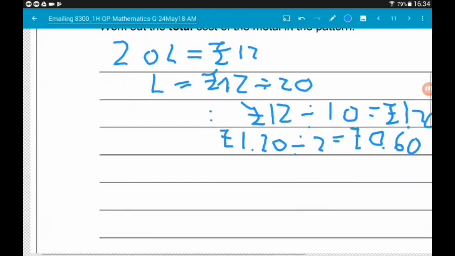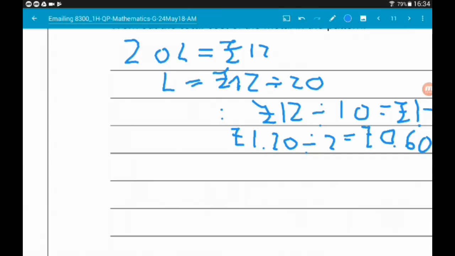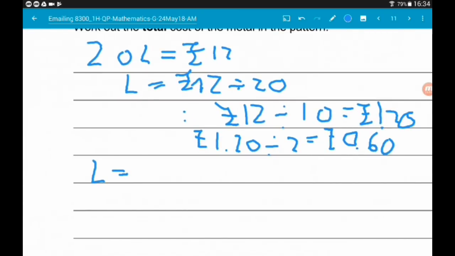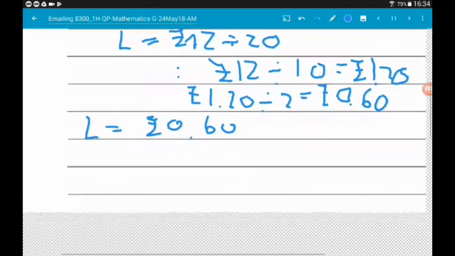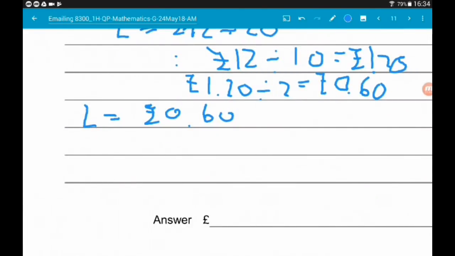So, we now know then that one line costs 60p, or £0.60. So we can now use the ratio to work out the cost of one arc. So we know that line to arc is 2 to 3.